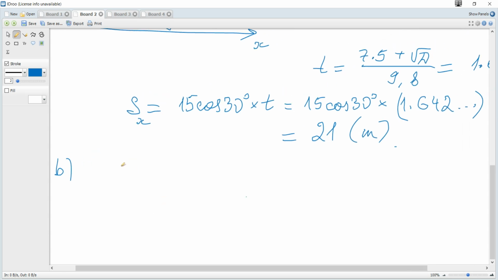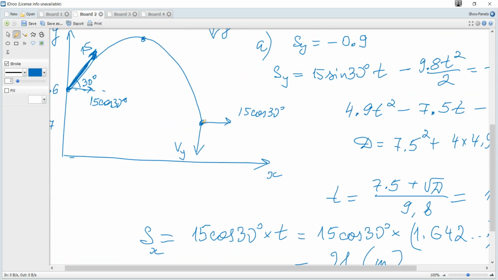And if we consider the vertical component of velocity, it is equal to the vertical component of the initial velocity, which is what? 15 times sine of 30 and minus 9.8 t.